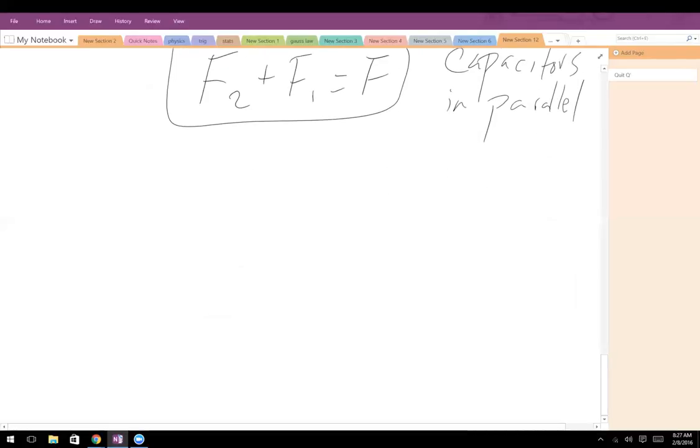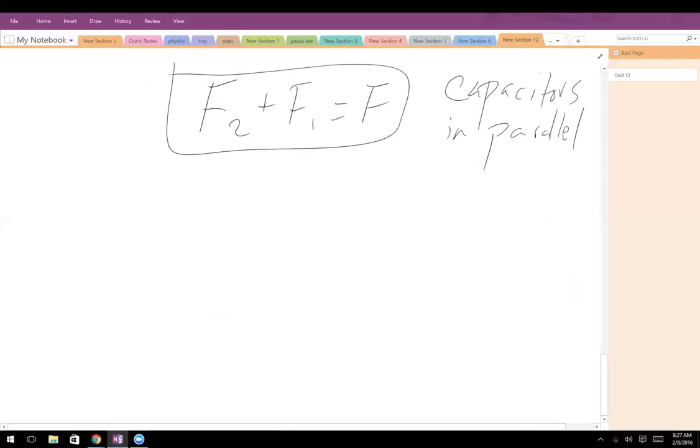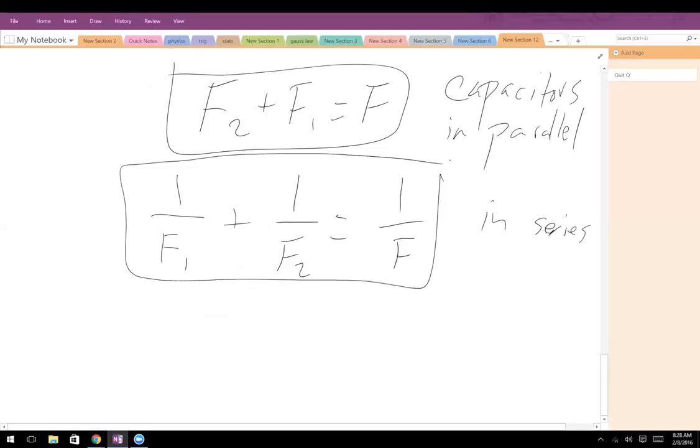And just so they'll be right together, let me go ahead and tell you the answer to the other one. If you add them in series, it turns out that their reciprocals add together. We'll show where this comes from right quick, but just so you know.